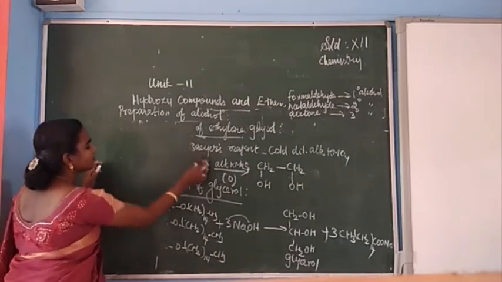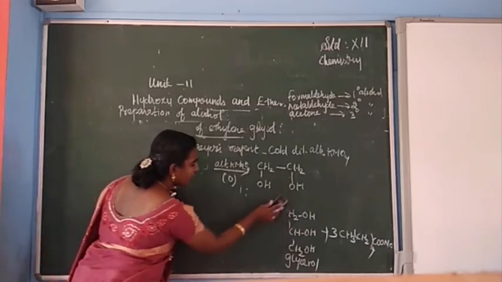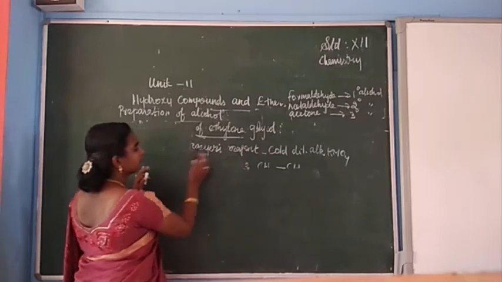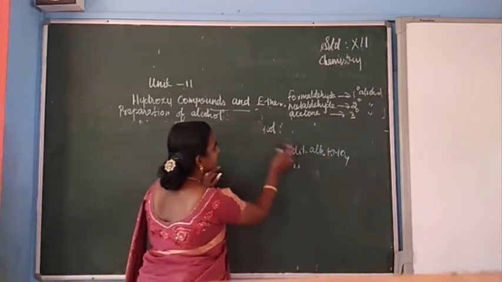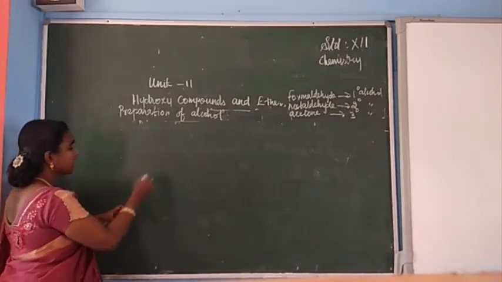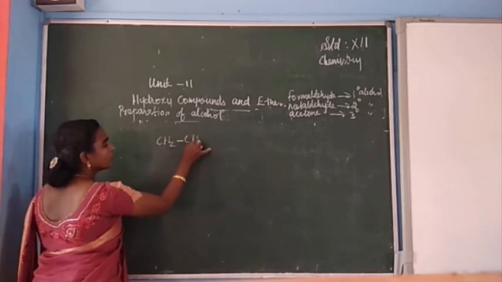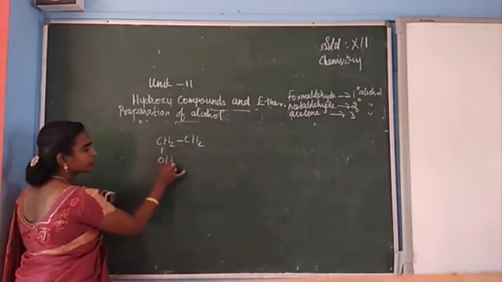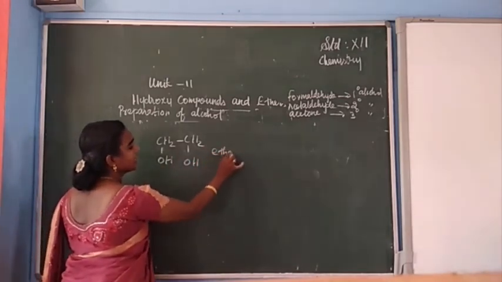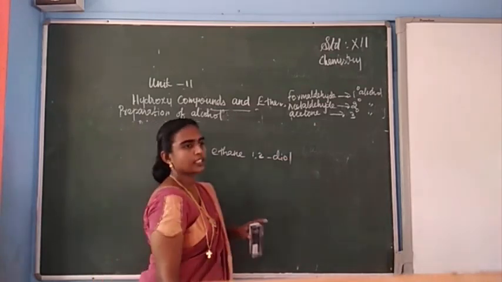In short, I will write the names of these alcohols separately. Consider this compound, CH2OH. The name of this compound is ethane-1,2-diol. Thank you, students.